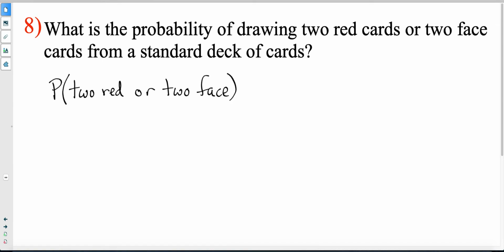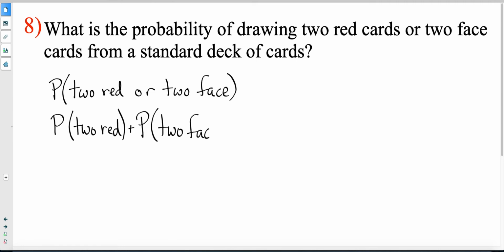So if you're thinking about the ones that are going to overlap here, would be the red face cards, right? So we'll have the probability of 2 red plus probability of 2 face cards minus probability of red face cards.